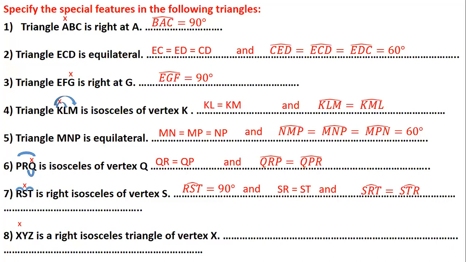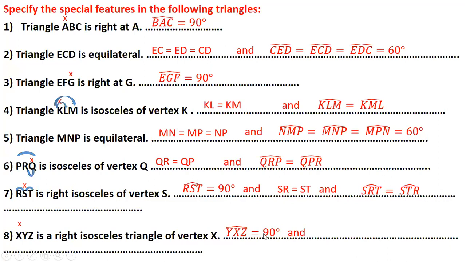YXZ. It is equal to what if it's right? Angle YXZ. If it is a right angle, it should measure how much? 90 degrees. Okay, so the measure of YXZ is 90 degrees.